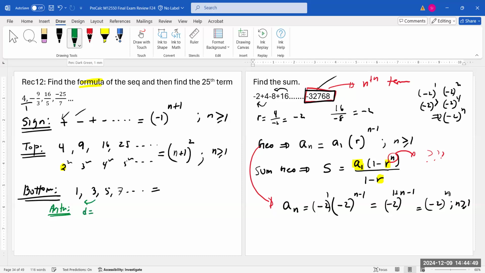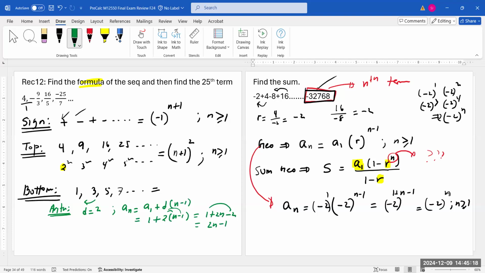We have the common difference 3 minus 1, 2. So our formula is the first one plus the common difference times n minus 1. So 1 plus 2 times n minus 1. We distribute, we get 1 plus 2n minus 2, and we get the same thing, 2n minus 1.